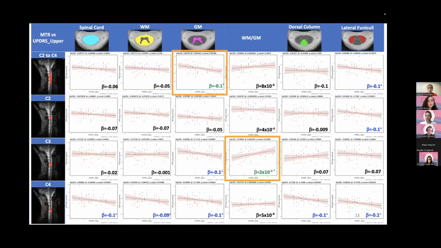Okay, thank you. Another question from John Laporte, who asks, do you have a theory on why the ratio of white matter to gray matter was significant in a model, while neither white matter nor gray matter by themselves were significant? Yes, so I think it's because the ratio between white matter and gray matter has been shown to be more robust to individual variation.